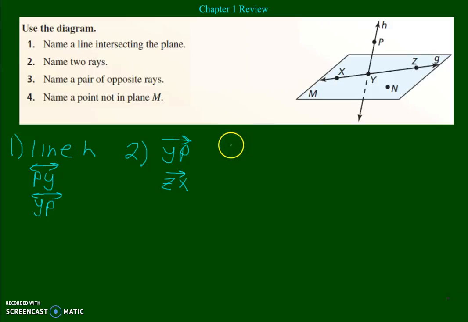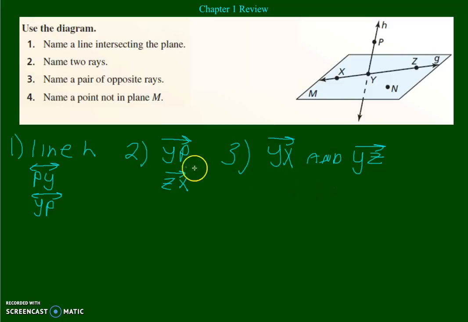So, for number 3, we have ray YX and ray YZ. Okay, so these are opposite rays.